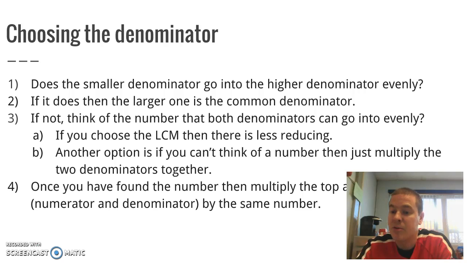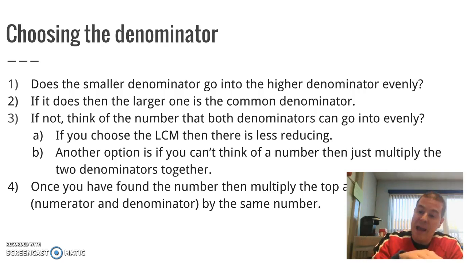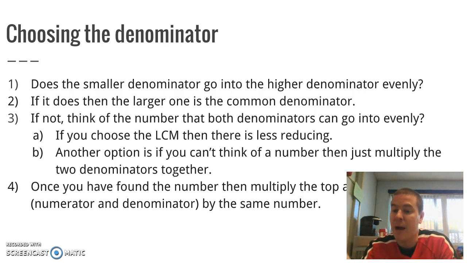For instance, if you had 3 and 8, the smallest number that 3 and 8 will both go into is going to be 24. So you would multiply the 3 denominator by 8, and then you would multiply the 8 denominator by 3, to get both denominators to be 24.